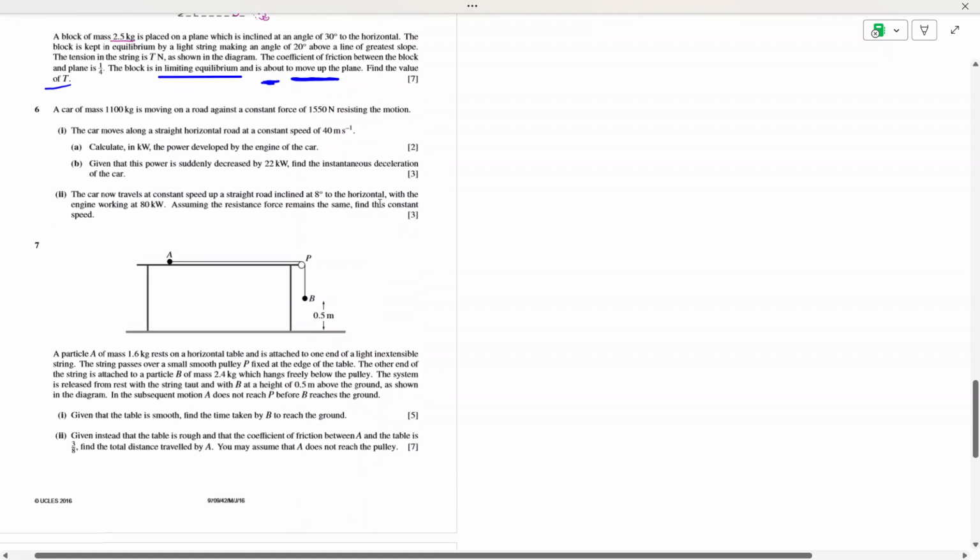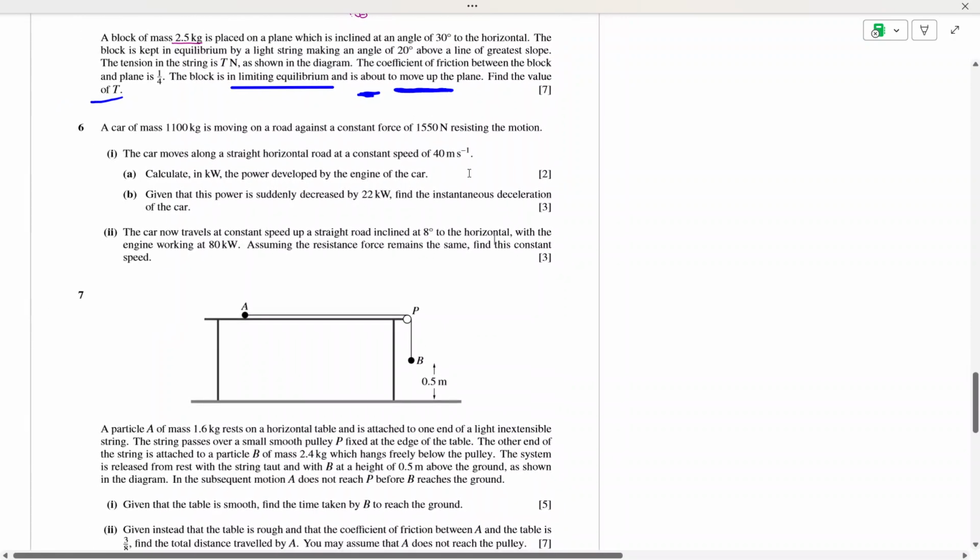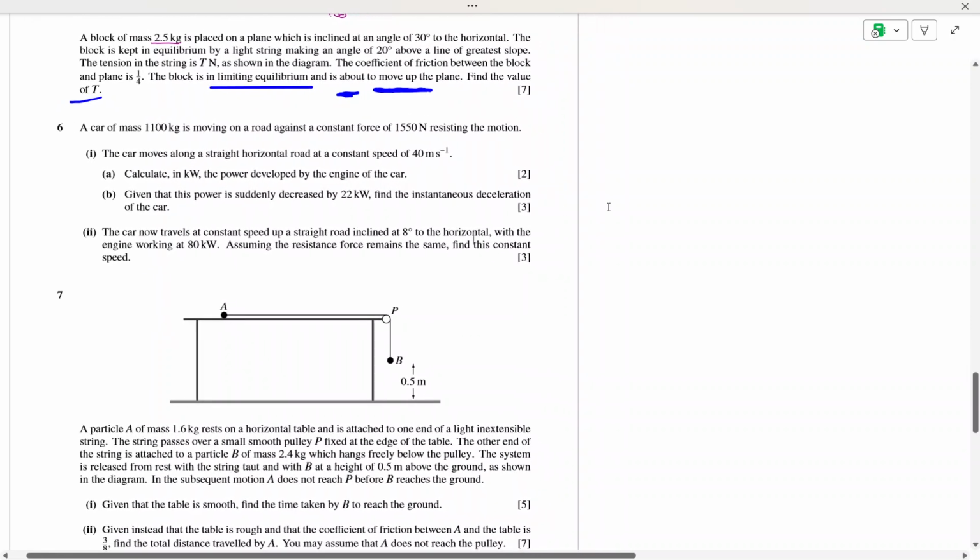Question 6. A car of mass 1000 kgs is moving on a road against a constant force of 1550 newtons resisting the motion, right? So this is the resistance of the motion.